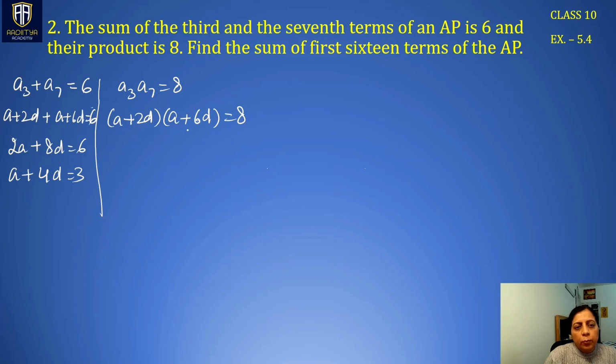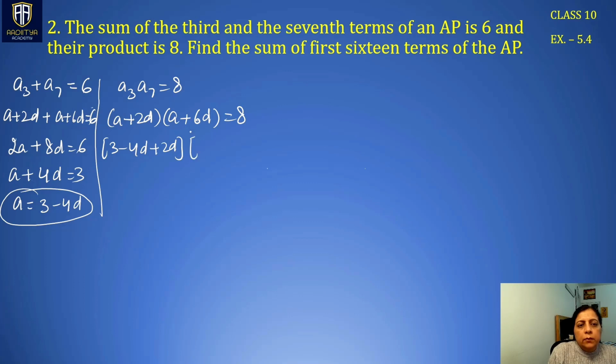So instead of opening this, first of all, I am finding the value of A from here. This is 3 minus 4D. Now I am substituting one variable here. A is 3 minus 4D plus 2D, times A is 3 minus 4D plus 6D.